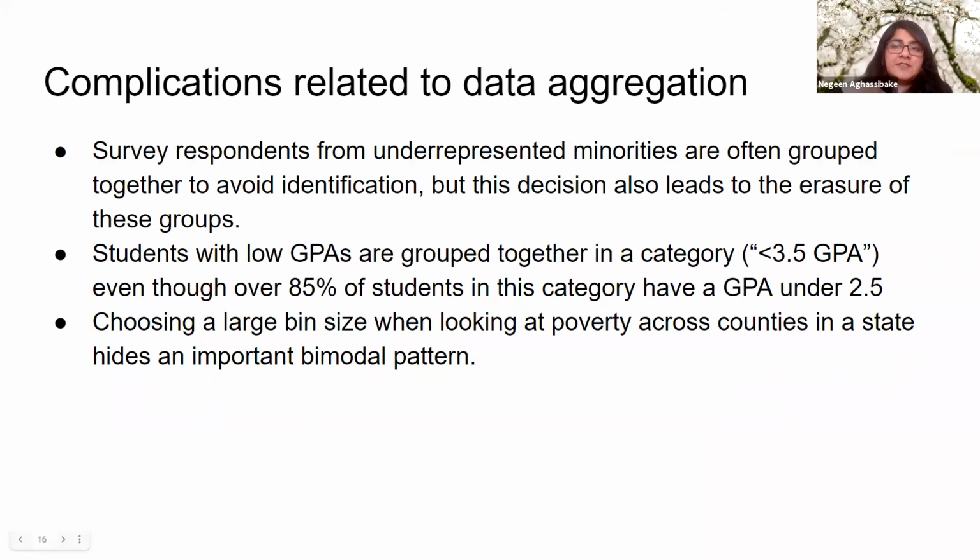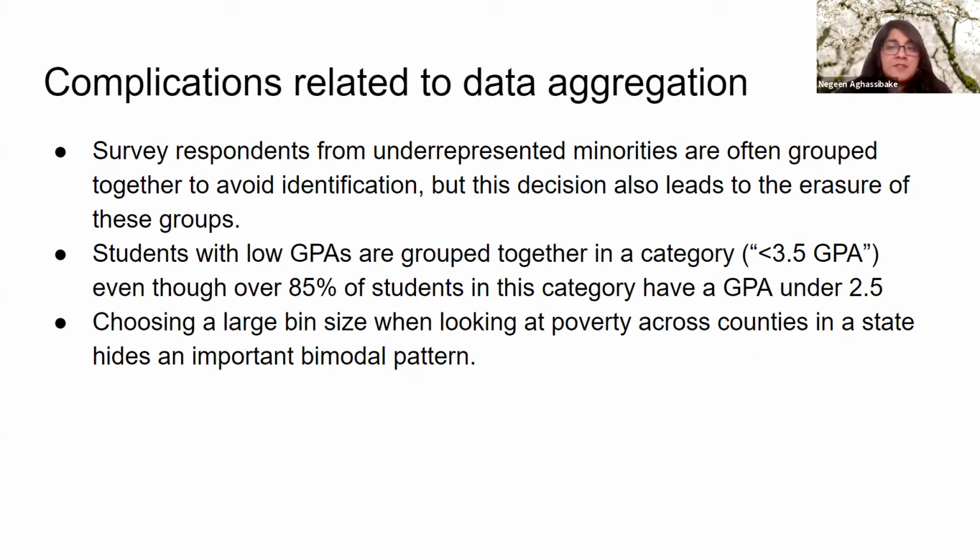Throughout the collection and cleaning process, there are also some complications that might arise due to data aggregation. For example, survey respondents from underrepresented minorities are often grouped together to avoid identification, but this decision also leads to the erasure of some groups.